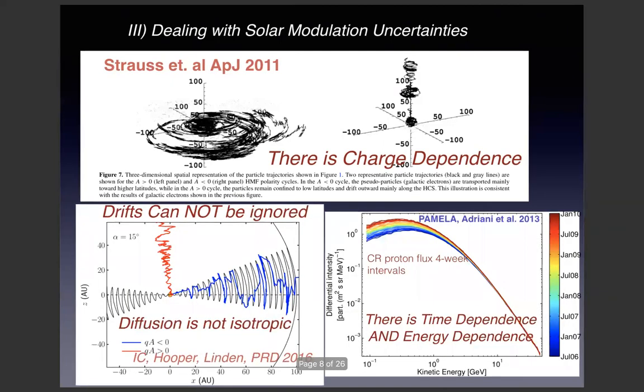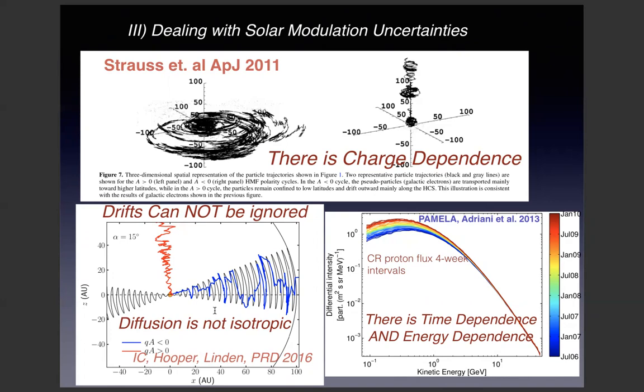We also have to include the fact that as they are propagating from outside in, where our detectors are, they go through diffusion, which is highly anisotropic, and there are also drift effects. Finally, we have to take into consideration energy-dependent effects and time-dependent effects, since the magnetic field and the solar wind do change with time.